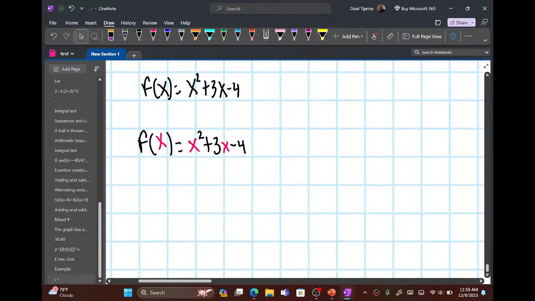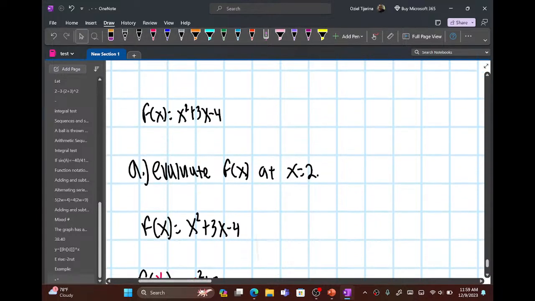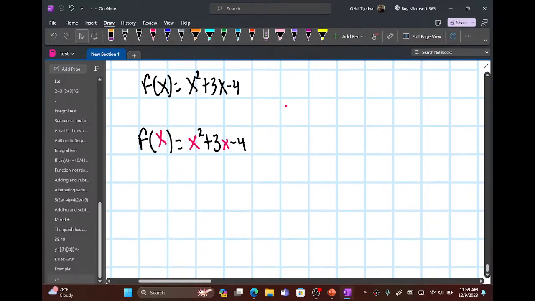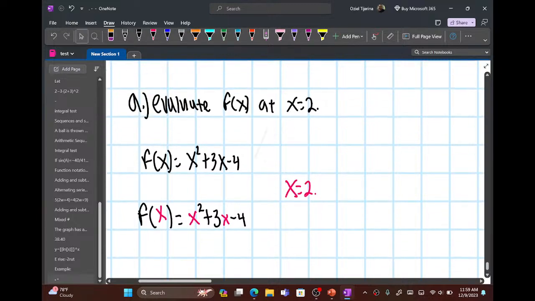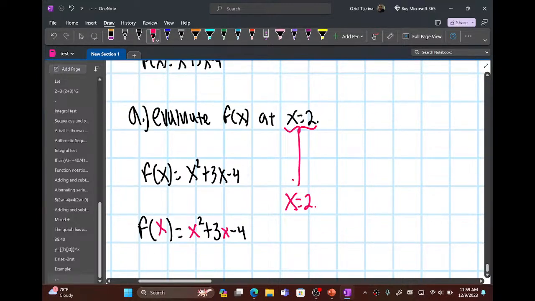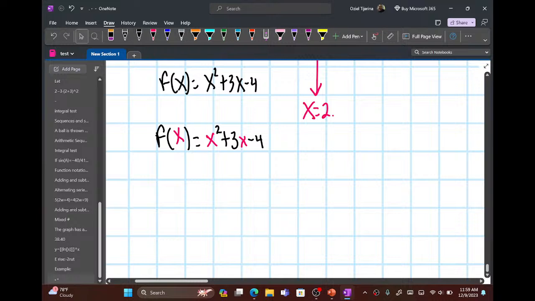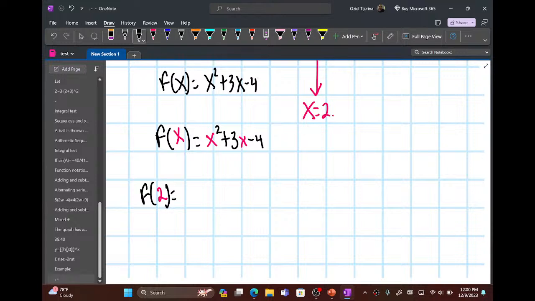Now we're going to put in x equals 2. So we have f of 2 equals the quantity 2 squared plus 3 times 2 minus 4.